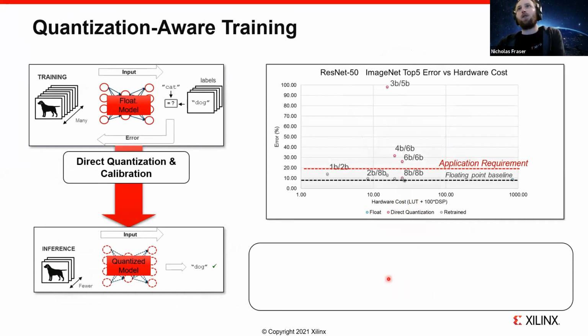Okay, so let's talk about different quantization techniques. And here we're mostly going to talk about quantization-aware training, which is a specific technique to achieve quantization in your neural network. And we're going to contrast that against another popular technique, which is known as direct quantization. Okay, so direct quantization basically takes as an input a floating point model, right?